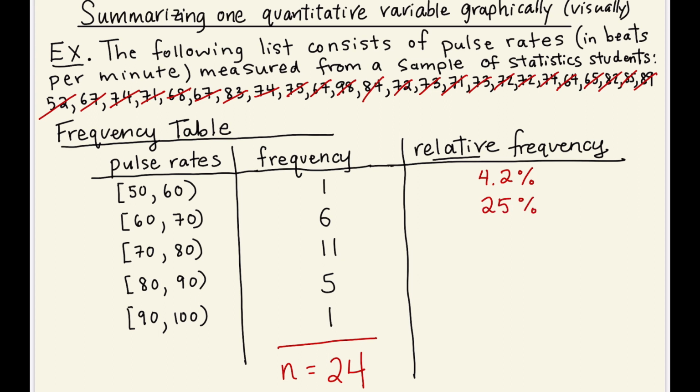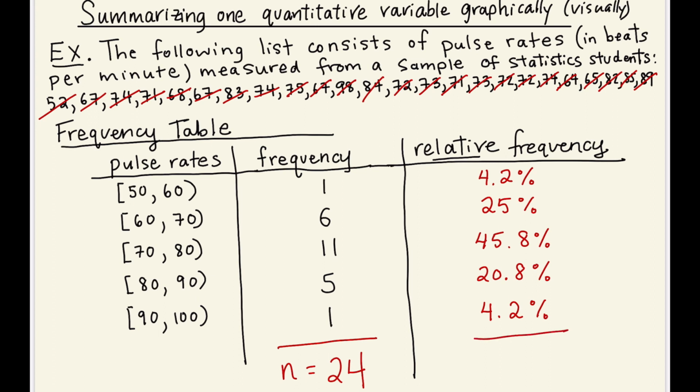And I can continue in this fashion. The relative frequency of the 70 to 80 class is 45.8%. The relative frequency of the next class is 20.8%. The relative frequency of the final class is 4.2%.